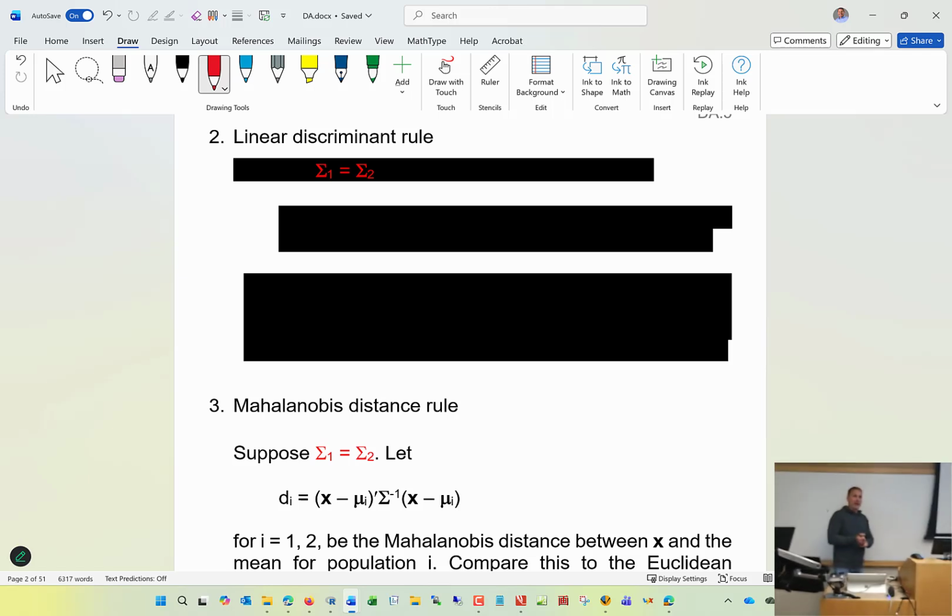To simplify your lives, I decided I'm not going to talk about rule number 2. So that's why I have it all blacked out. You're not responsible for it. This used to be what people would focus on in a class like this. I don't think it's worthwhile because it's actually the most difficult of the rules to understand. Also, R doesn't provide a good way to, let's say, it implements it, but it implements it in kind of a weird way.